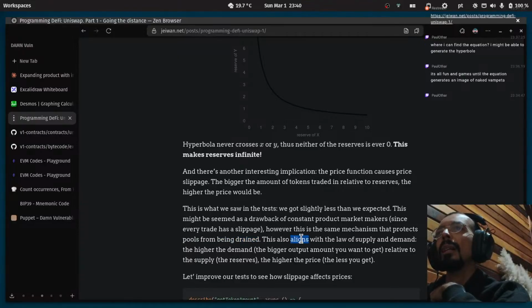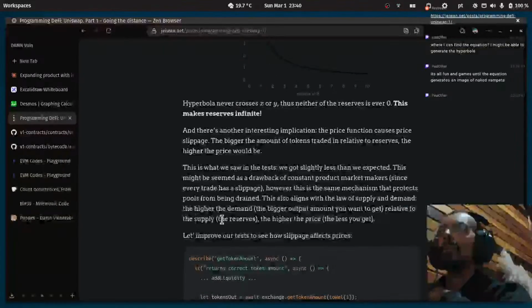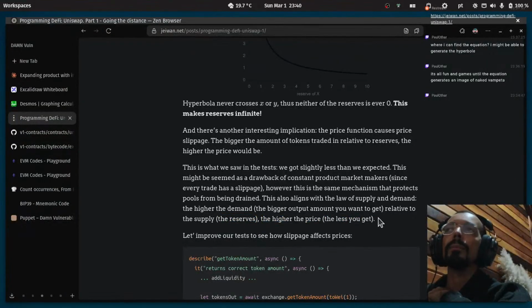This also aligns with the law of supply and demand. The higher the demand relative to the supply, the higher the price. So the higher the demand, the bigger output amount you want to get relative to the supply, the reserves, the higher the price, the less you get.